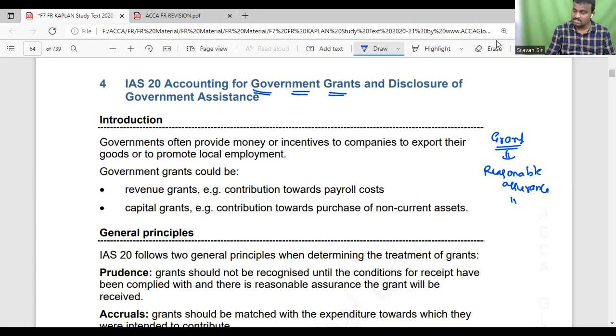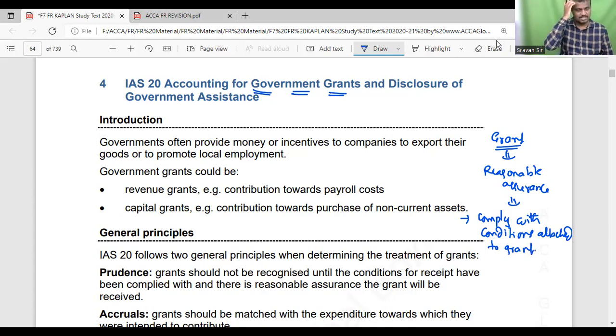When we say reasonable assurance, the first one is if the entity complies with the conditions attached to the grant, as we already discussed.